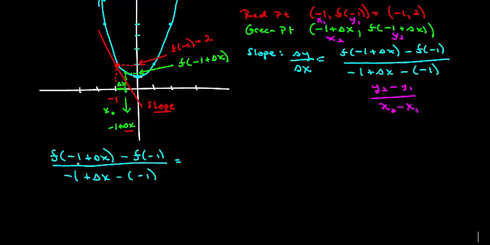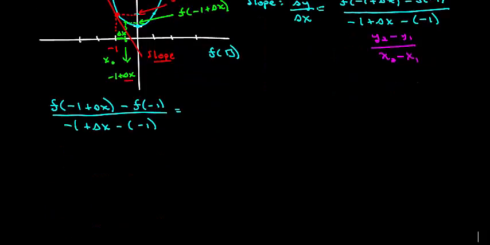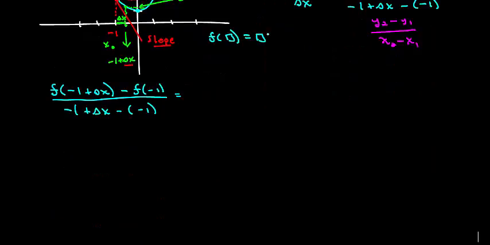What is f at negative 1 plus delta x? Well, f is a function that is defined as x squared plus 1. So it's equal to something squared plus 1. So f at negative 1 plus delta x is negative 1 plus delta x squared plus 1.